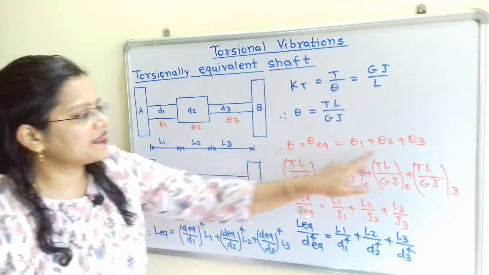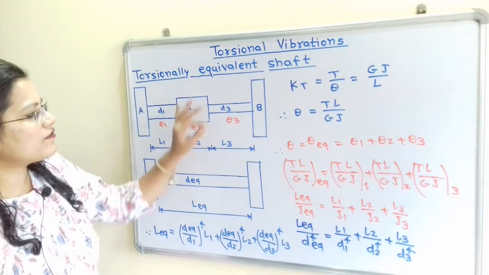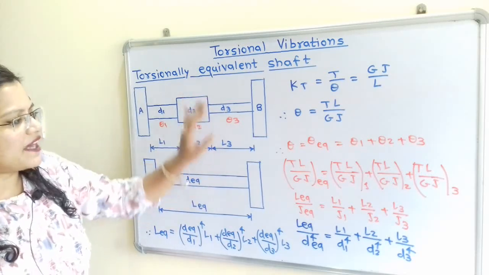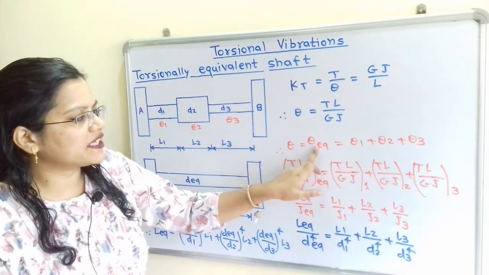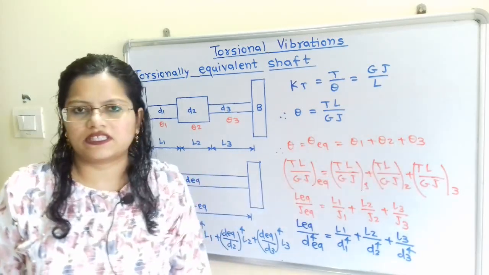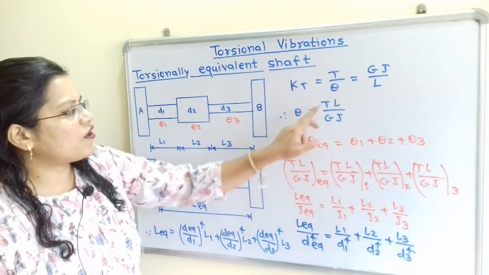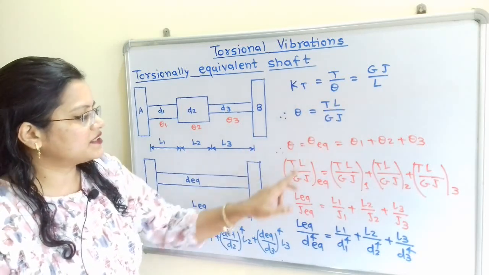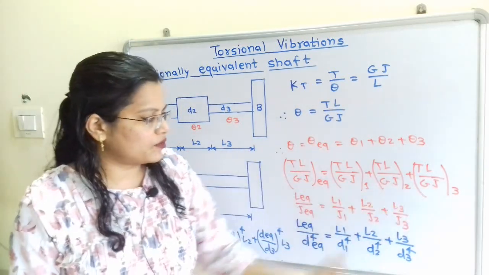Now when we apply this formula, the angle of twist for these two shafts is the same, so theta is equal to theta equivalent, which is equal to theta 1 plus theta 2 plus theta 3. Now we will put the value of theta, that is TL by GJ.